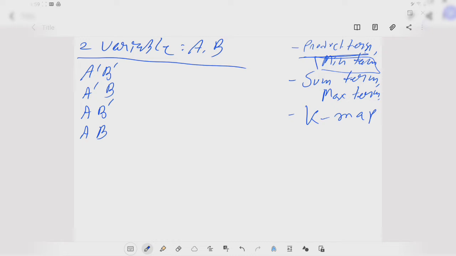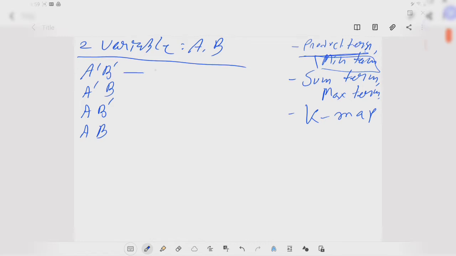Four min terms for a two variable case. The first min term is denoted by lowercase m0, then m1, m2, m3.